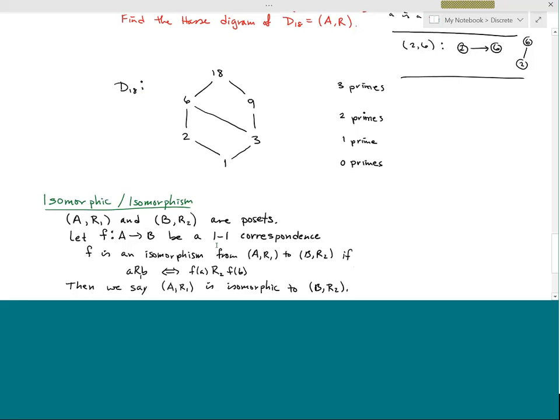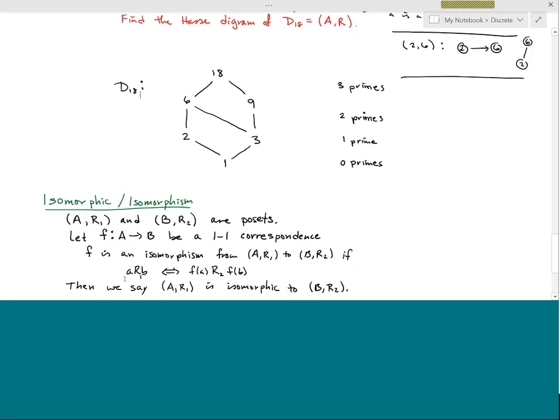This needs to be a one-to-one correspondence, or a one-to-one mapping, or a one-to-one function. Mapping, function, correspondence, they all sort of get interchanged sometimes in math. Okay? Now, f is an isomorphism from poset 1 to poset 2. And we say from and to here because the domain was A and the range was B.